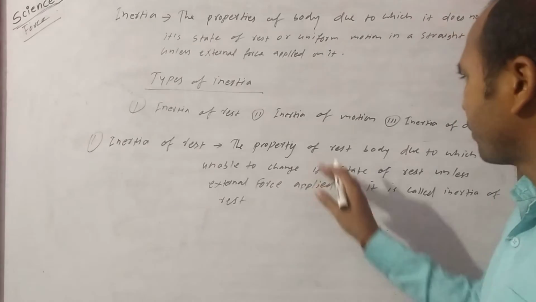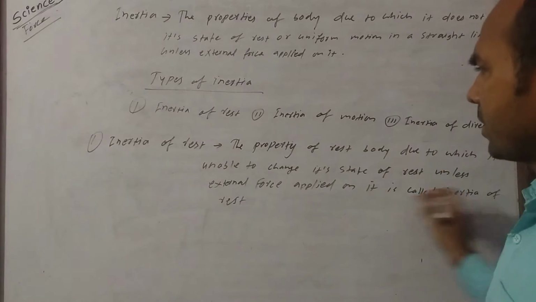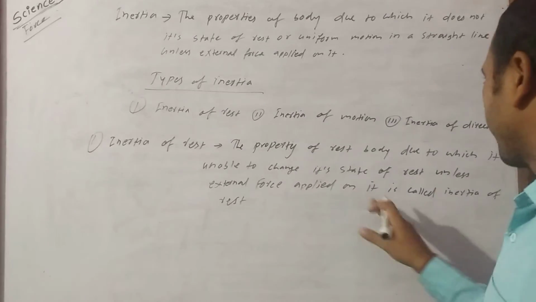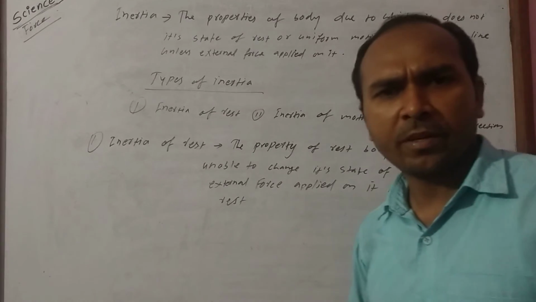Inertia of rest means the property of a rest body due to which it is unable to change its state of rest unless an external force is applied on it.